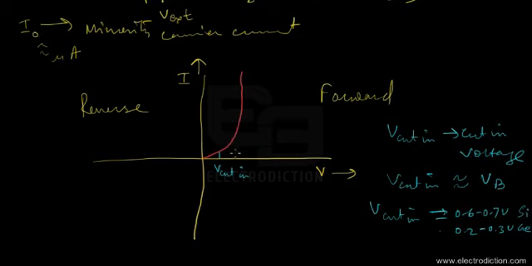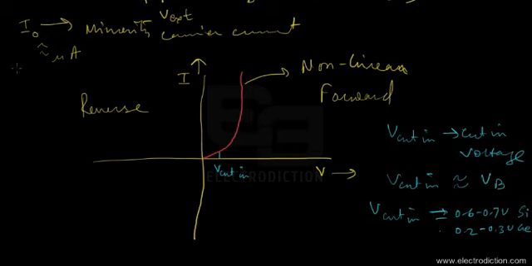Upon the application of higher voltages, the diode characteristics become a vertical straight line. That is, the current through the diode increases exponentially. So we can call this characteristic non-linear. Therefore we understand that the diode is a non-linear device.